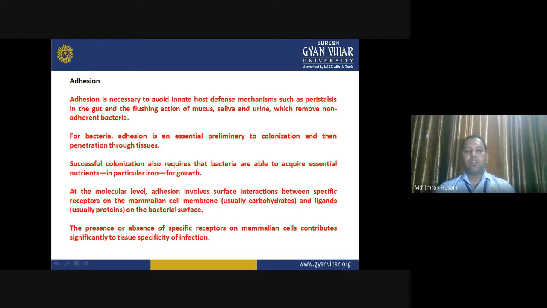At the molecular level, adhesion involves surface interaction between specific receptors on the mammalian cell membrane, usually carbohydrates, and ligands, usually proteins, on the bacterial surface. The presence or absence of specific receptors on mammalian cells contributes significantly to the tissue specificity of infection.